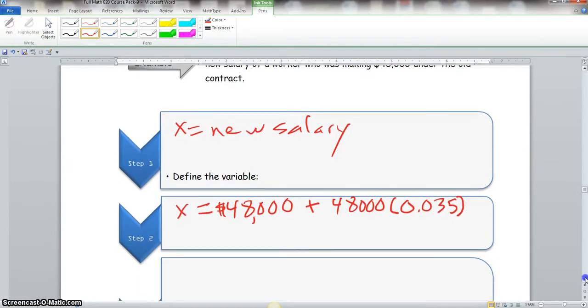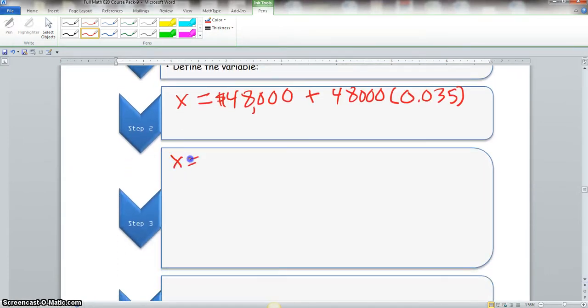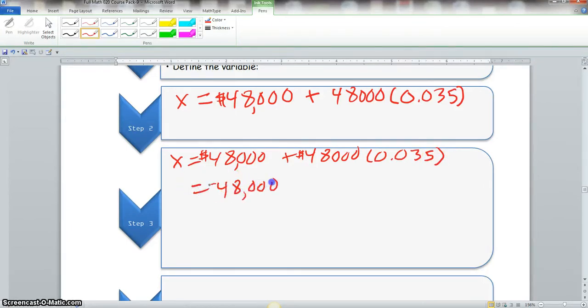So now we go through here, and we have X is equal to $48,000 plus $48,000 times 0.035. And now we will multiply. We're going to multiply the 48,000 times the 0.035.